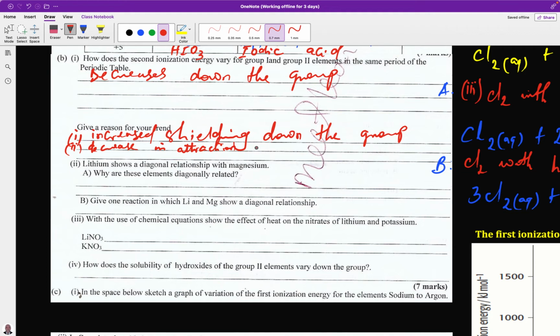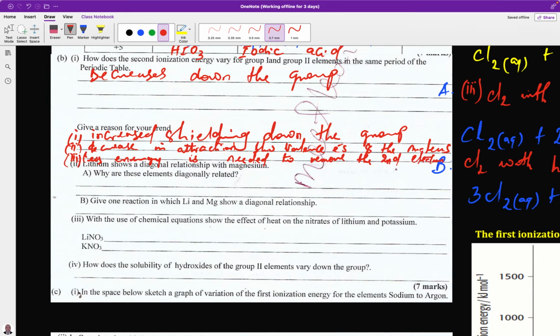Decrease in attraction between valence electrons and the nucleus. Then finally, less energy is needed to remove the second electron.